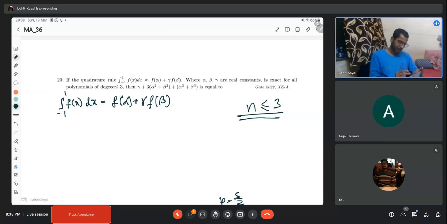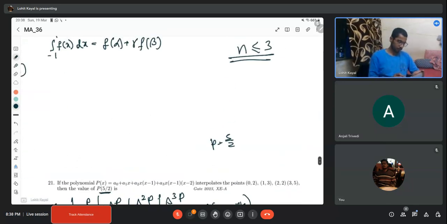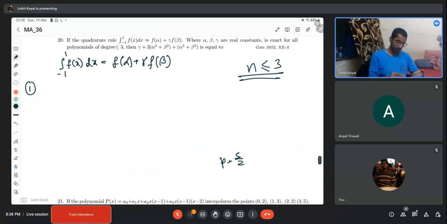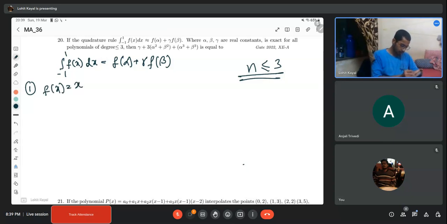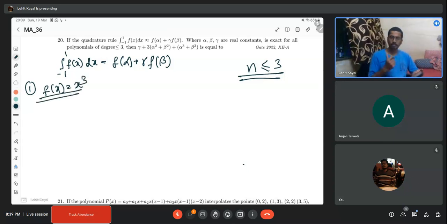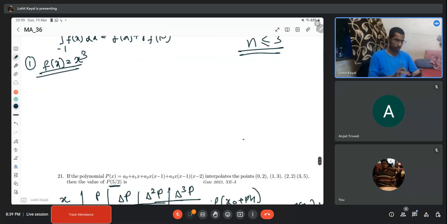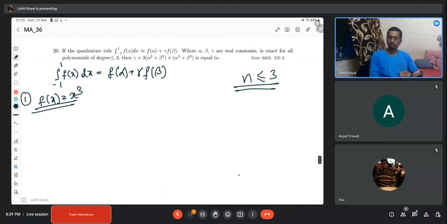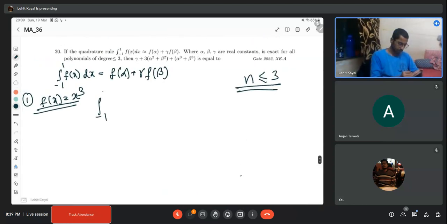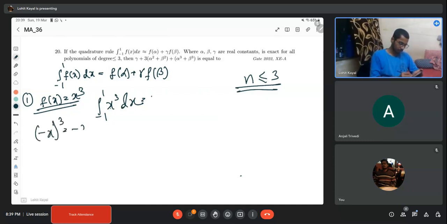So first, assume case 1. Can I do the calculation here completely? I guess not. So f(x) equal to x cube. If I don't have the space, then I will just go to the end and continue there. So when f(x) equals x cube, the integral from minus 1 to 1 of x cube dx. From the basic integration, you know that this is an odd function, because minus x whole cube equals minus x cube.